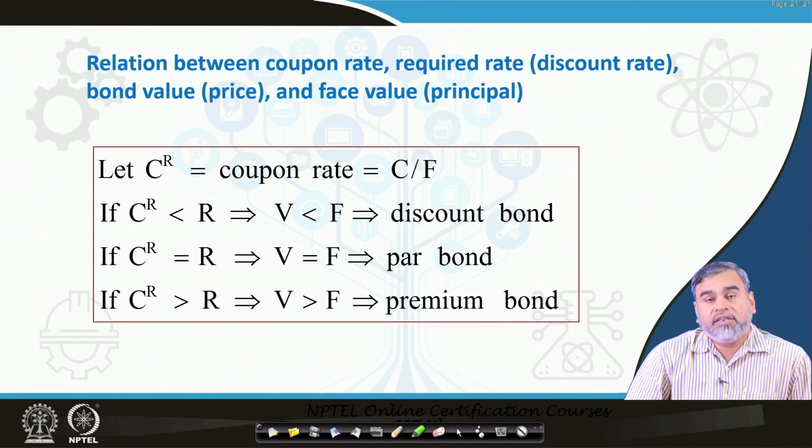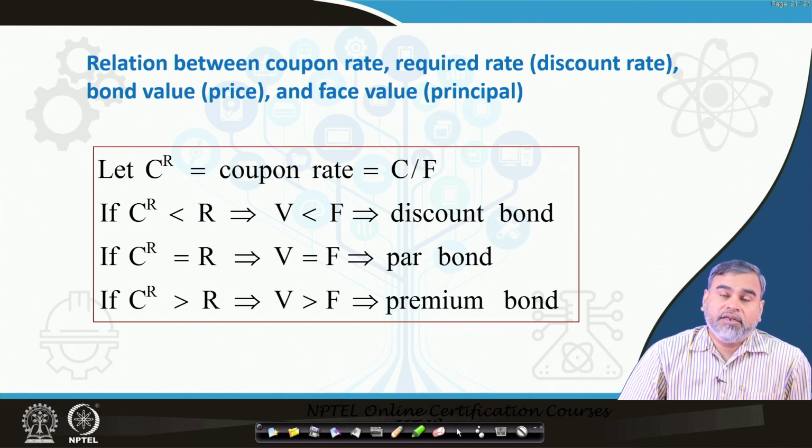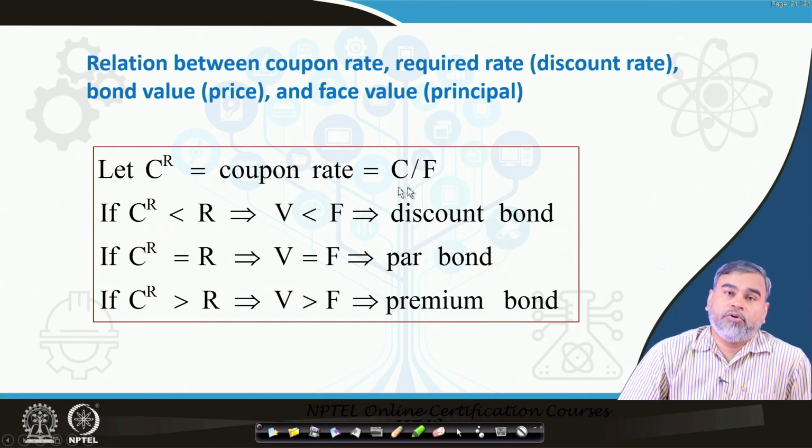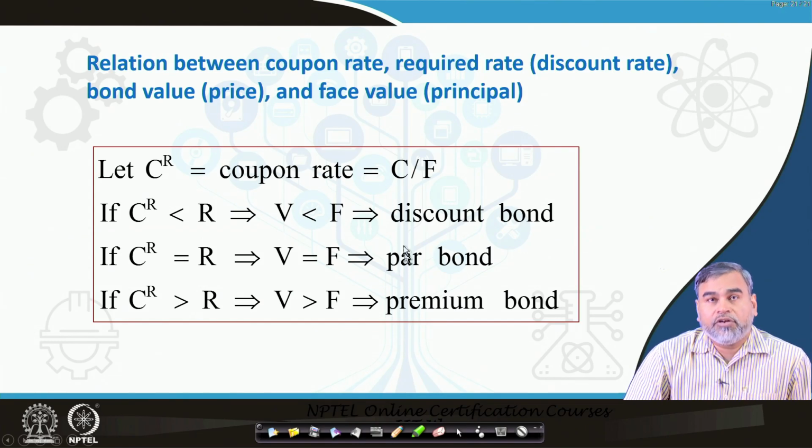If the bond is issued at par, that means the coupon is equal to the discount rate. If the bond is issued at discount, then the coupon will be lower than the discount rate. If the bond is issued at premium, then the coupon will be more than the discount rate. These are the implications you can draw from this relationship between the coupon, the required rate or discount rate, the bond value, and the face value or principal amount.